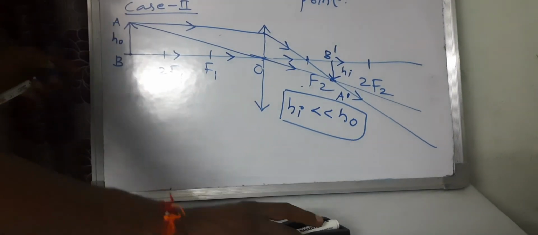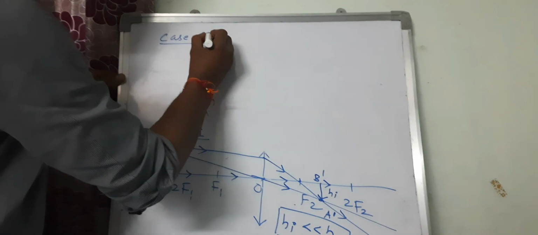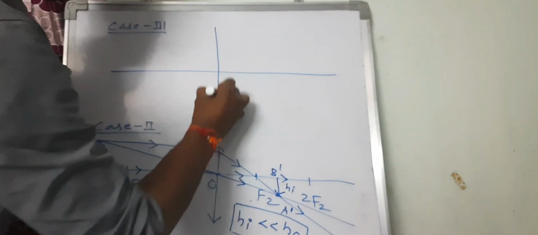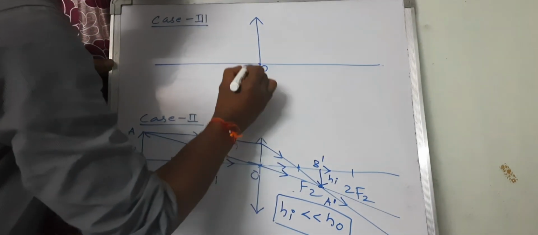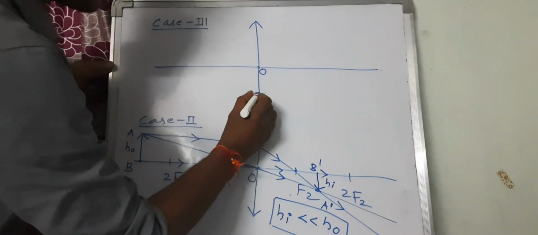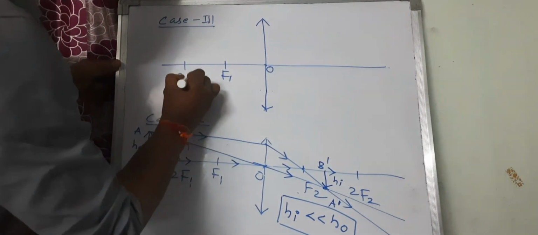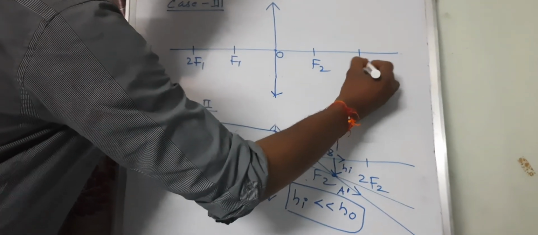Now let us see case 3. See here, thin convex lens, optical center, f1, 2f1, f2, 2f2.